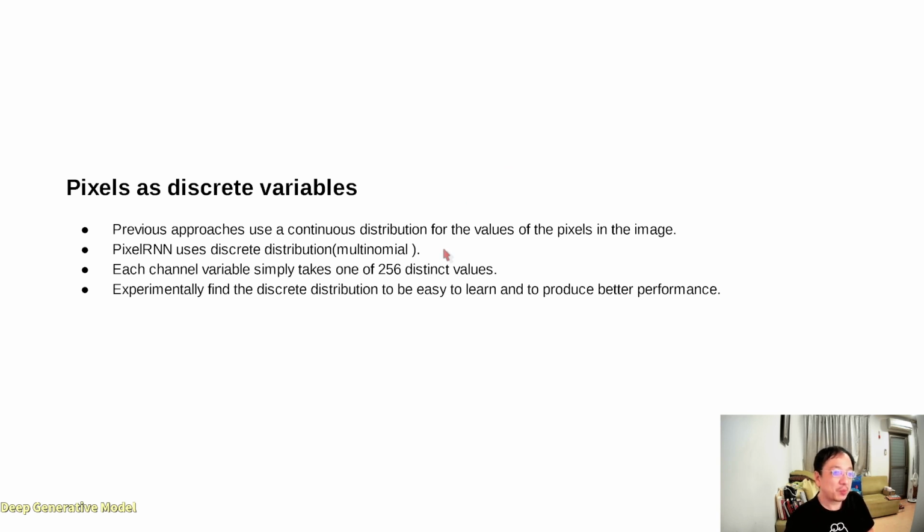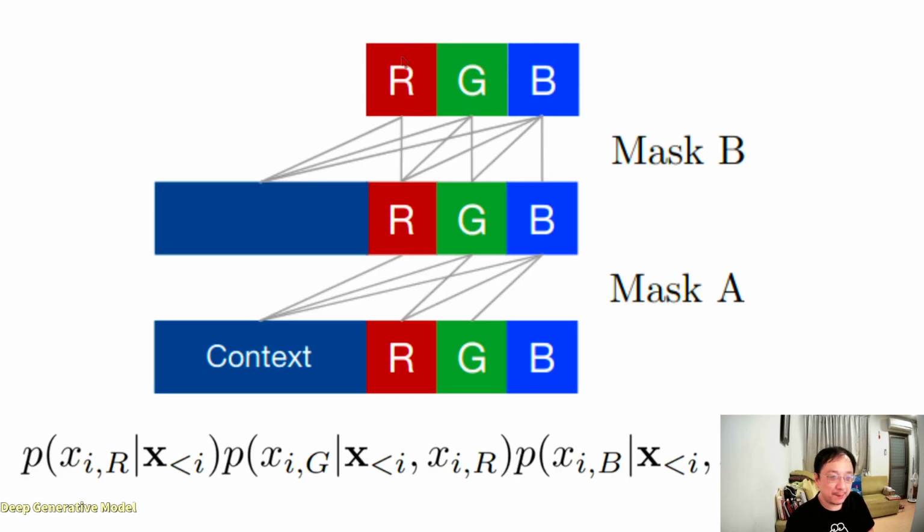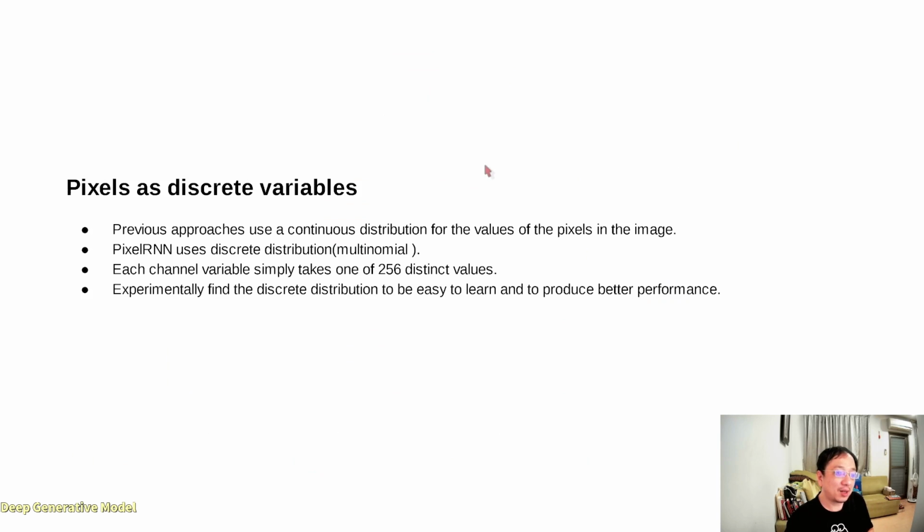The reason is, if we wish to consider this RGB as one single vector of size 3, we need to consider the value of any intensity of color to be in a continuous space. So previously, a lot of people had already considered autoregressive models to do image generation, but mostly because this is the most straightforward.